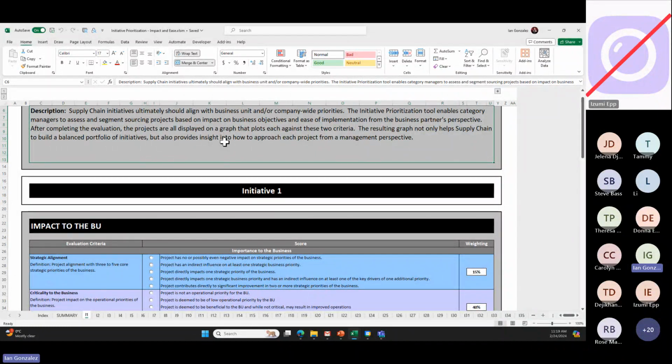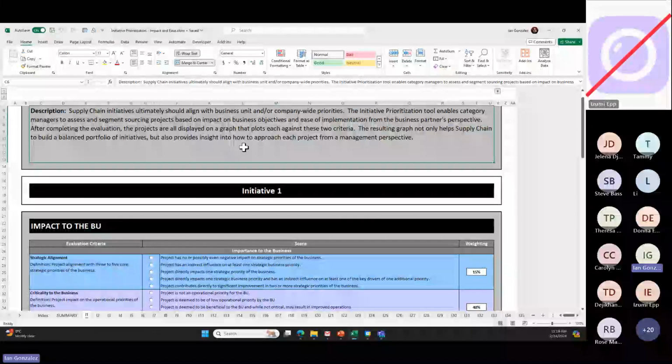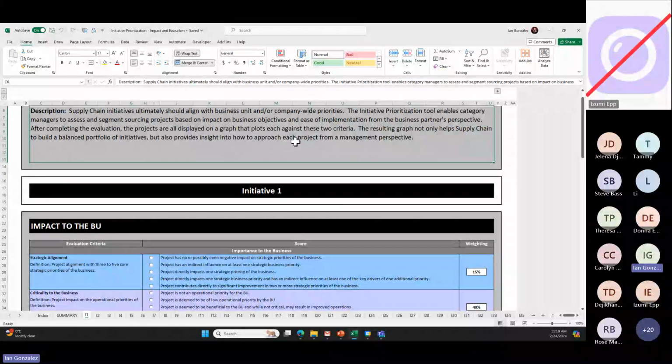After completing the evaluation, the projects are all displayed on a graph that plots each against these 2 criteria. I love visualizing things because a lot of people respond better when it's a chart. The resulting graph not only helps the supply chain department to build a portfolio of initiatives, but also provides insights into how to approach each project from a management perspective.